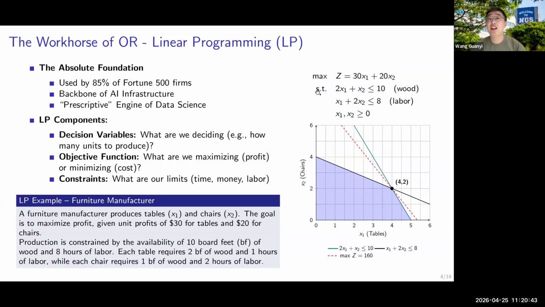One interesting thing I would like to point out is that this s.t. we always read as "subject to", and not "such that". Subject to means the objective and the decision variables should be under the control of the constraints that we listed here.